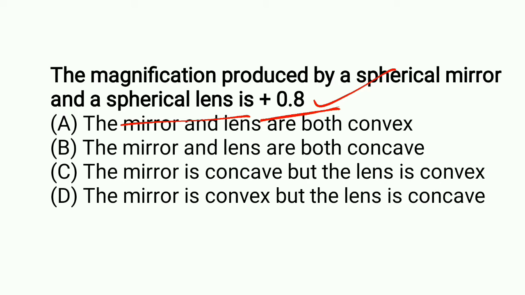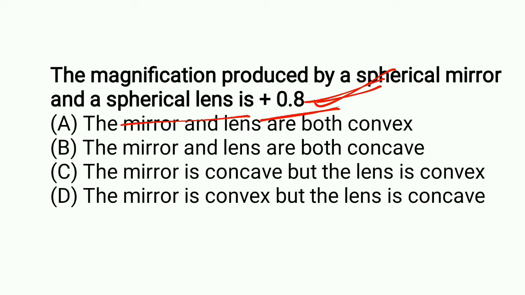Option C, the mirror is concave but the lens is convex. Option D, the mirror is convex but the lens is concave. Understand here, the magnification given is plus 0.8, which means the image is diminished.